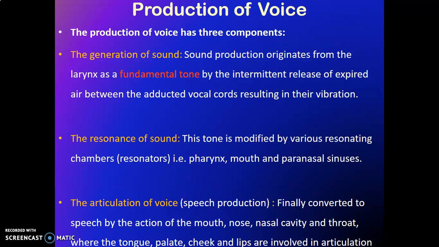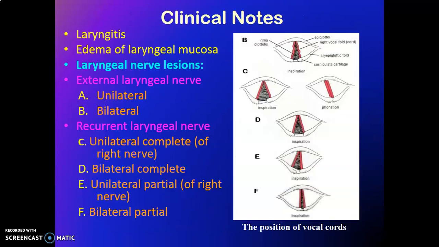Then there's the articulation of voice, through the mouth, nasal cavity, throat, and the tongue. All the movements that happen help with articulation. So generation of sound happens through the vocal cords vibrating when expired air passes between the adducted cords, then resonance of sound by the chambers, and articulation where there's speech production.